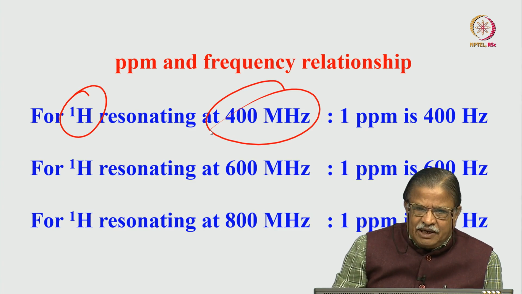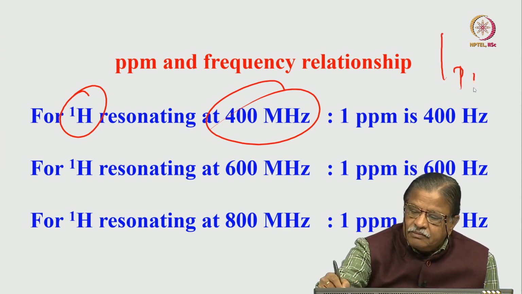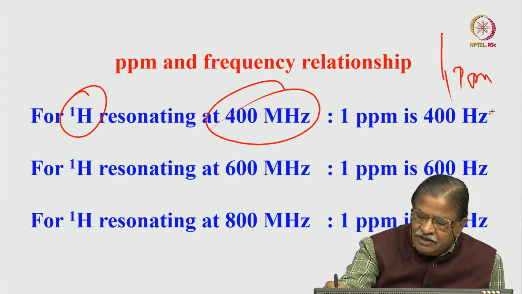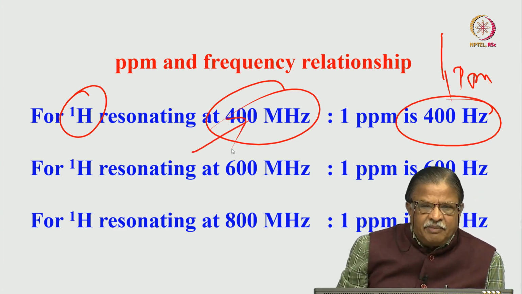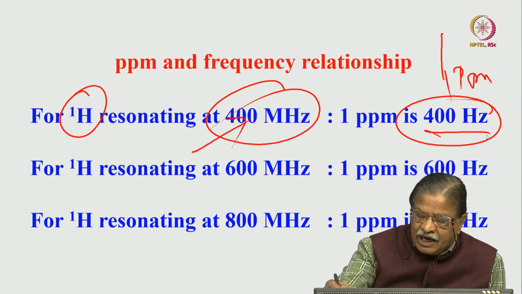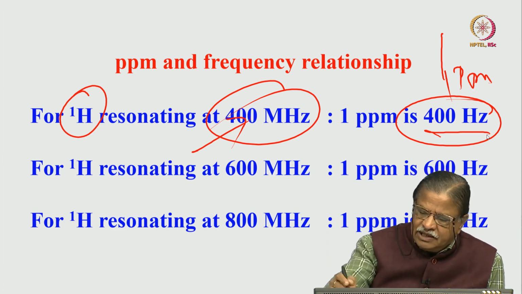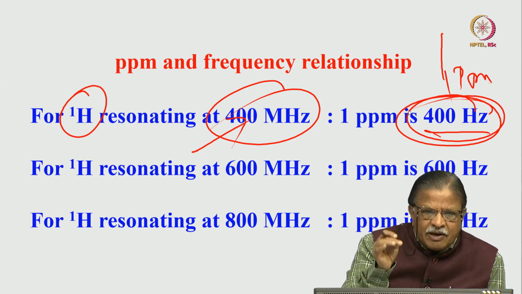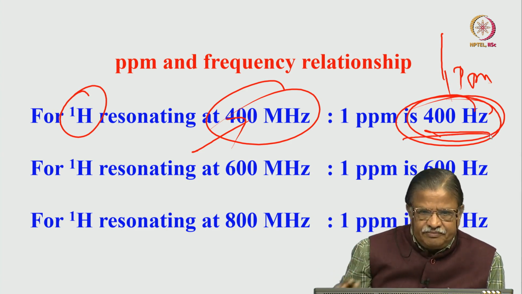In that spectrometer, if I say I have a peak which is coming at 1 ppm, that means its frequency is 400 hertz. With respect to the resonating frequency 400 megahertz, 1 ppm is 400 hertz. That is all. You have to remove the 10 to the power 6 part of it. Then what is left is 400 hertz. So, 1 ppm for proton in a 400 megahertz spectrometer is 400 hertz.